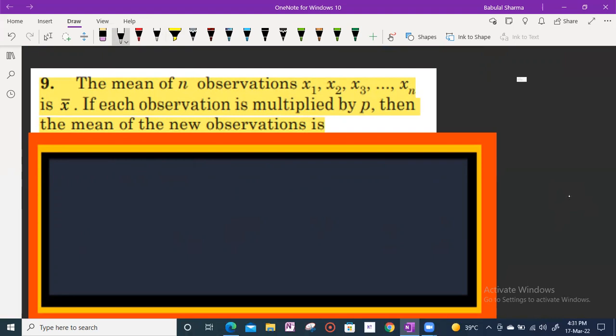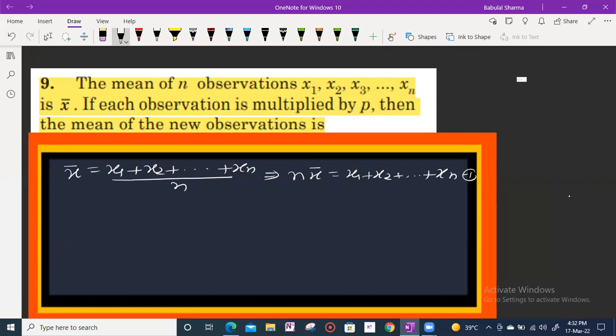We know that mean is given by the sum of all observations, x1 plus x2 plus xn divided by n. Right? So on further simplification, we can write n x bar is equal to x1 plus x2 and so on, and the last observation is xn.